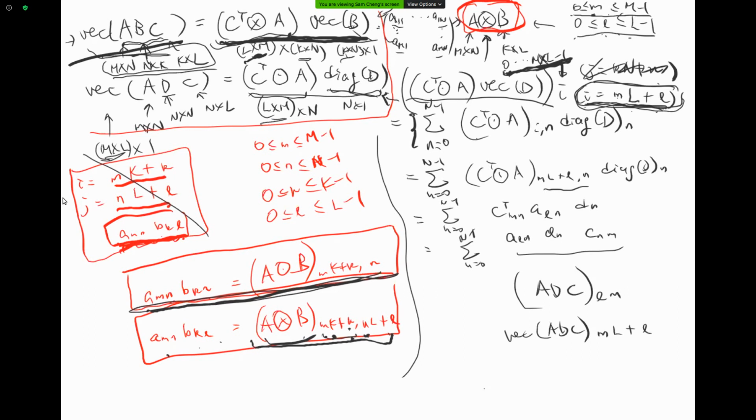Again, this is just what we had for I earlier. So again, this guy here is equal to this guy for every I that is given by M times L plus small l here. So again, we have this second identity shown.